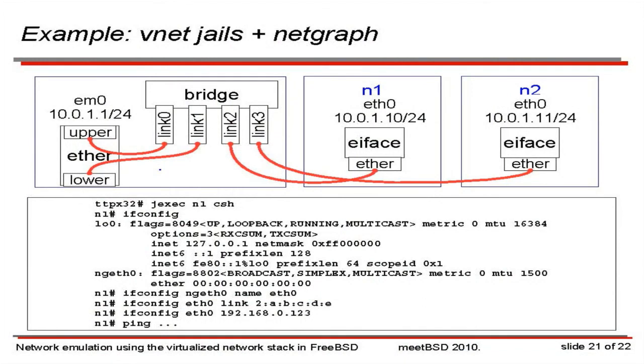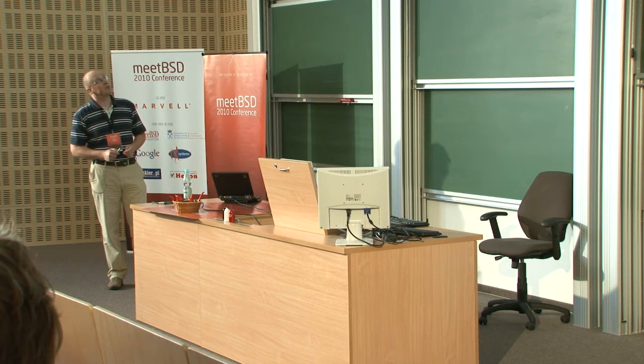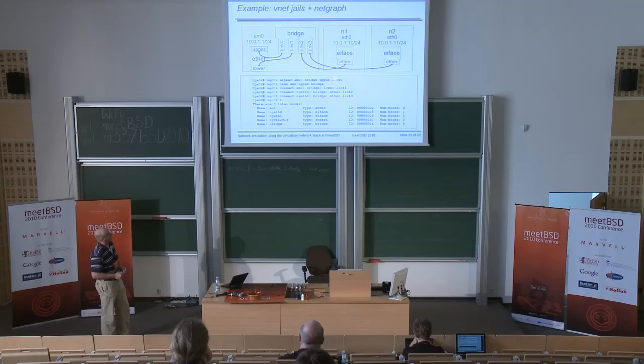So in this step, we create a netgraph bridge. That's this object here, and connected with netgraph node em0 to its upper hook. So this line creates the netgraph bridge here and connects the link hook to the upper hook of em0.